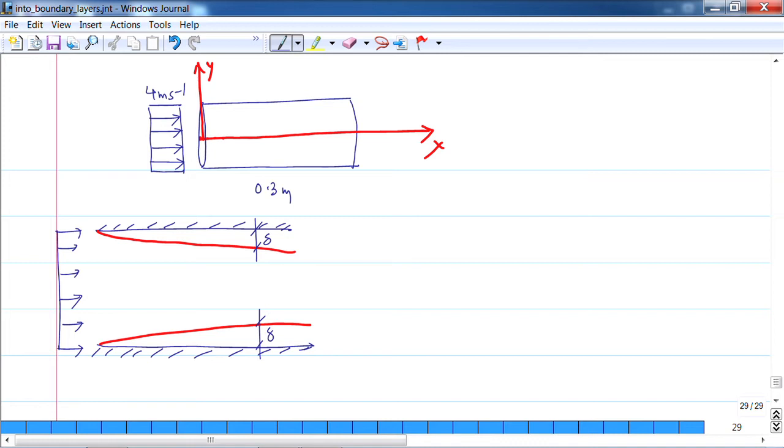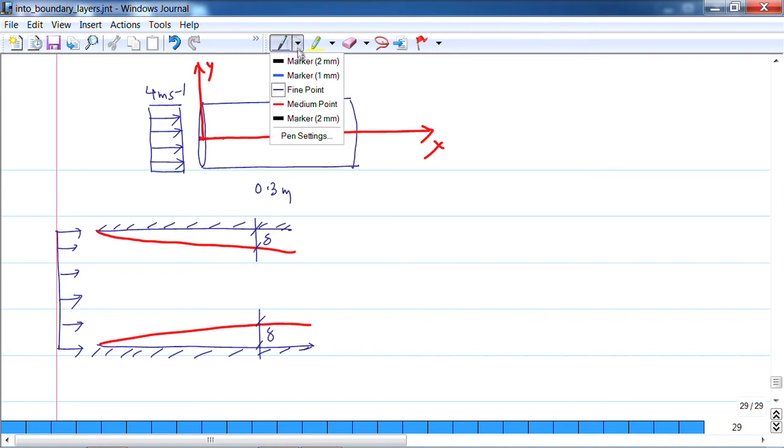Now, because of the existence of this boundary layer, a streamline, like we had discussed in a couple of modules back, when it comes here, is going to be pushed away from the wall because of the existence of the boundary layer, right. Similarly, at the lower wall, it is going to be shifted away from the lower wall because of the boundary layer.